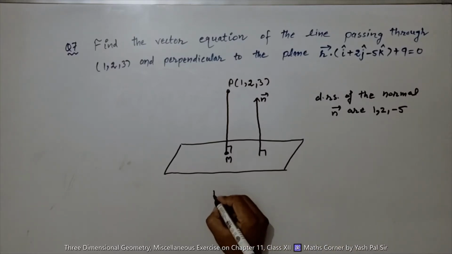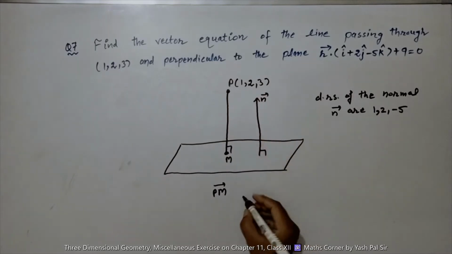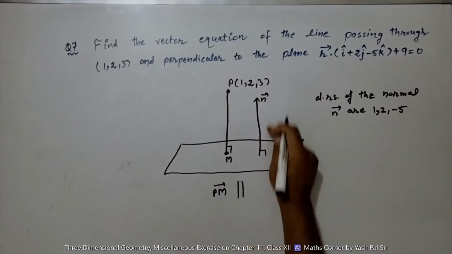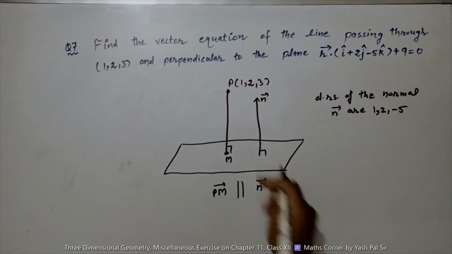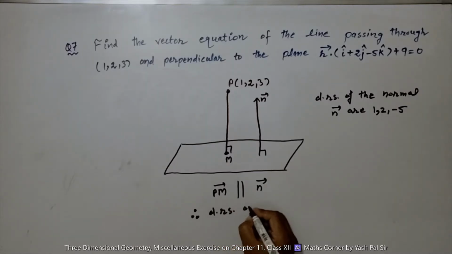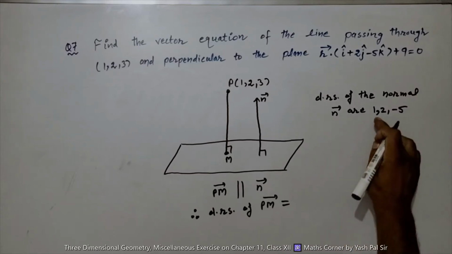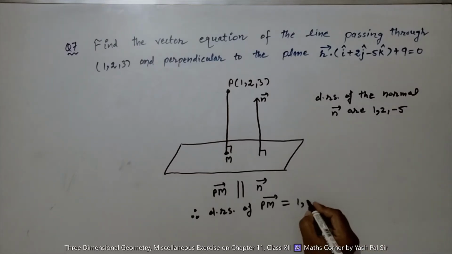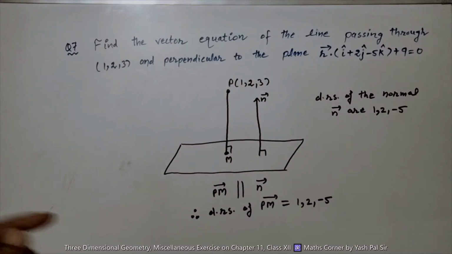Now PM, this vector is parallel to the normal vector. So the direction ratios of PM are also equal to 1, 2, minus 5.